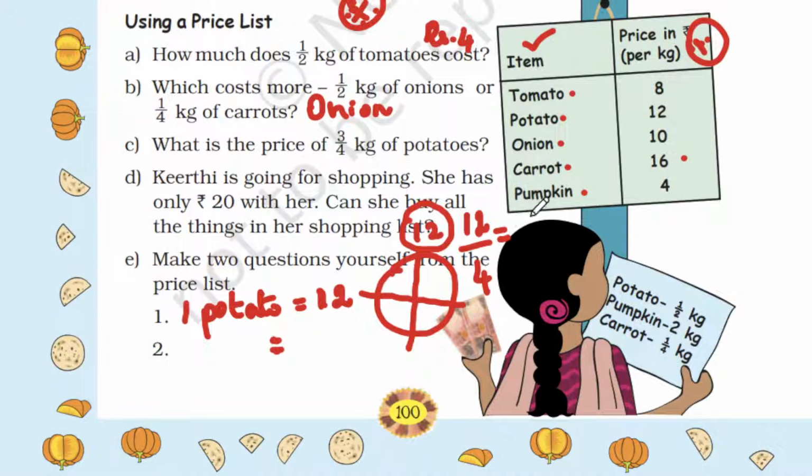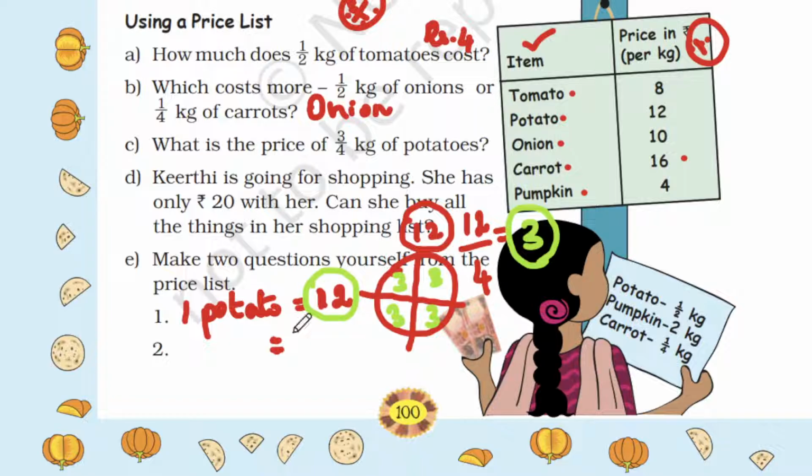Okay, so we have number 3. Each portion is rupees 3. So here you have 3, and you have 3. So 3 plus 3 is 6, which is half. So one more 3 and one more 3. 3 plus 3 is 6, 6 plus 3 is 9, 9 plus 3 is 12. You will get the full portion.